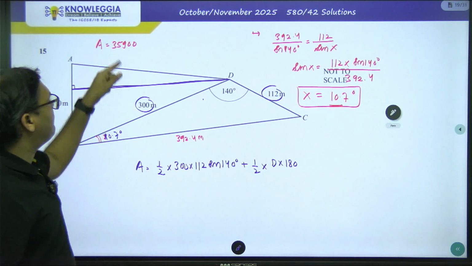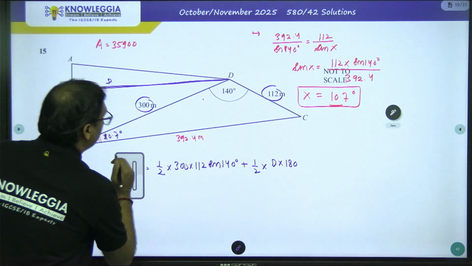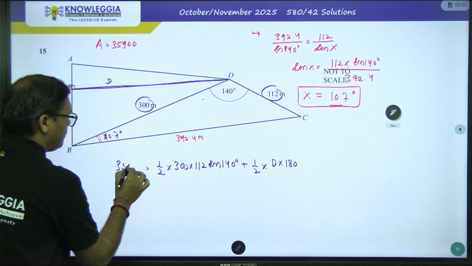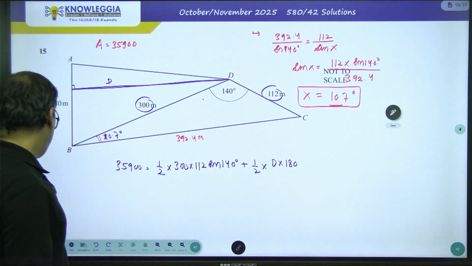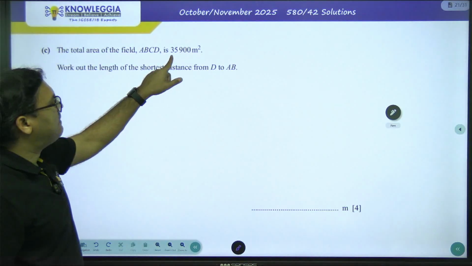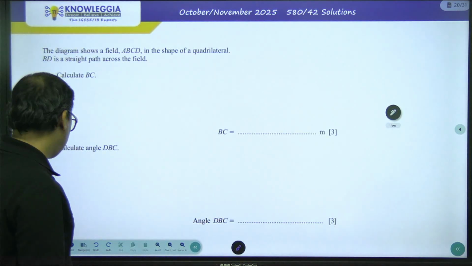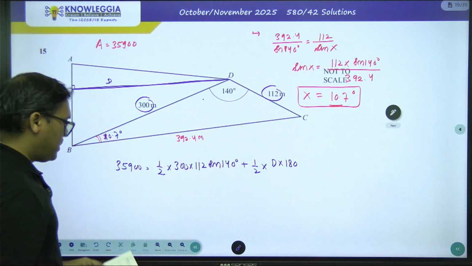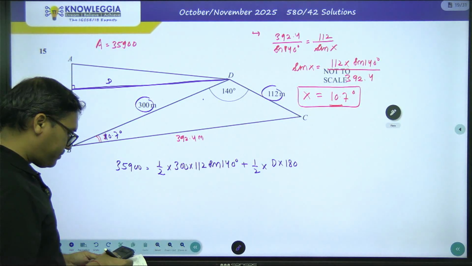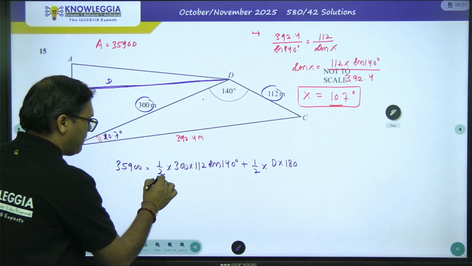Now what is the area given to you? 35,900 meters squared. So this is 35,900. Now you just need to solve this equation. I'll simplify this.